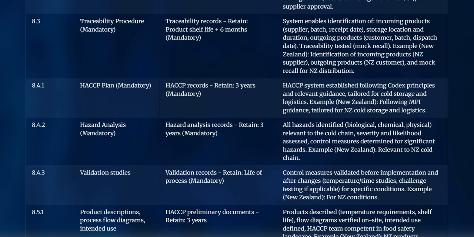Auditors will look for those documents and also verifications in your facility to confirm evidence that systems are able to identify incoming products, such as supplier, dispatch or receipt and dates, and storage locations and durations, and outgoing products, such as customers, batch or dispatch time. Traceability must be tested, so you must have mock recall records with you.